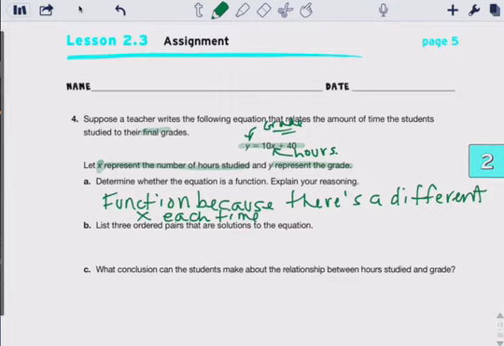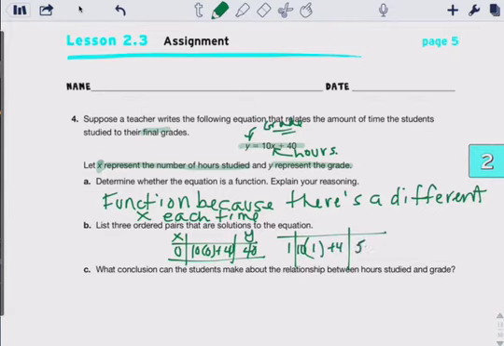Well, list 3 ordered pairs. Okay, this is what we did in class, making a table. Okay, 1 ordered pair, let's say 0 hours. What do you think their grade's going to be? What percentage? That's the output, that's the y, that's the grade. So 10 times 0 plus 40. Oh, 40 is 40%. F, what a surprise. 1 hour would be 10 times 1 plus 40, 50%.